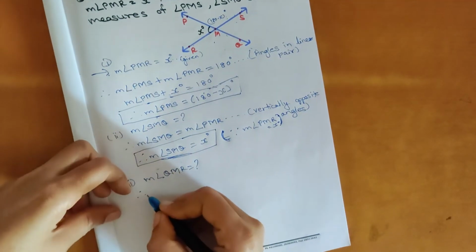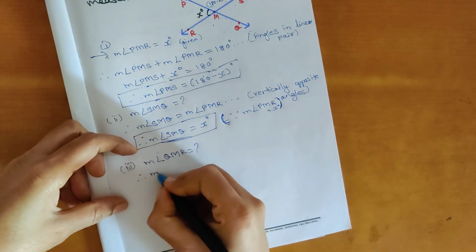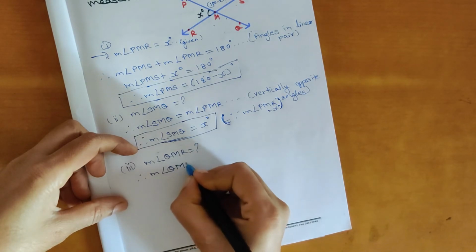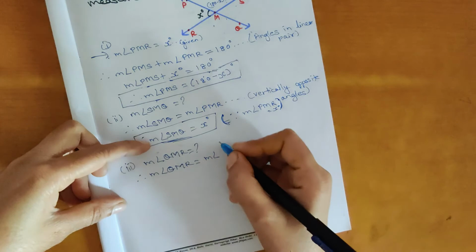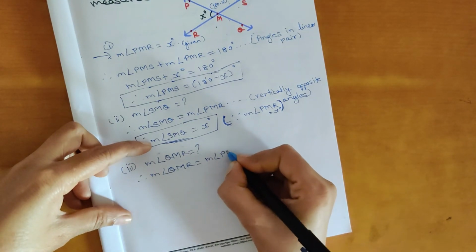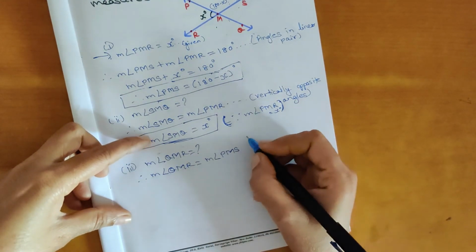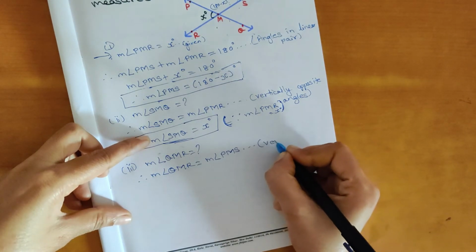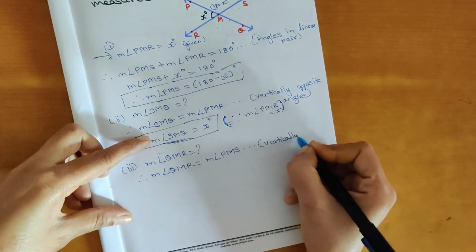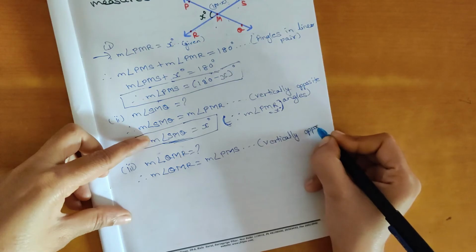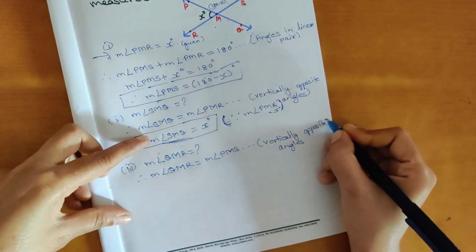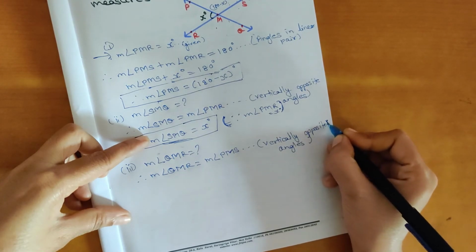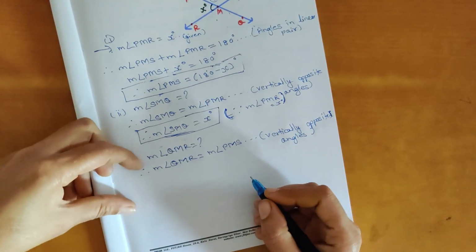So therefore measure of angle QMR is equal to measure of angle PMS, vertically opposite angles.